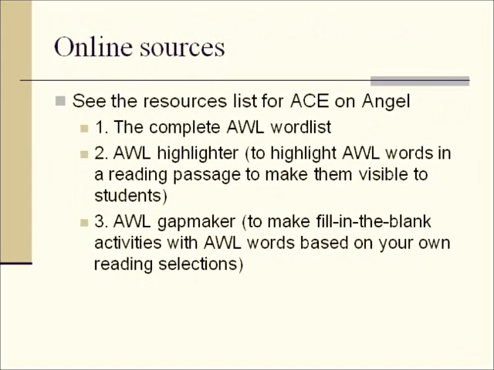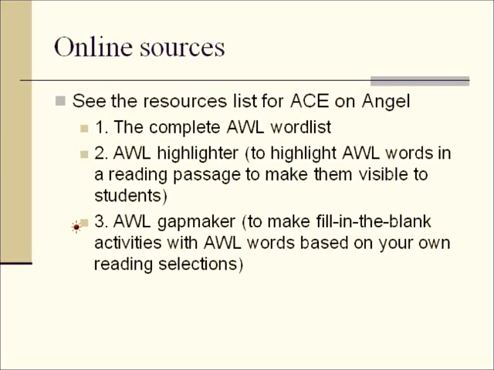Now, there are also some online resources, and these are listed in the ACE materials on Angel. There's a complete set of the academic word list divided by word families. There's an academic word list highlighter, which is really neat. You can take a reading passage that you want to use with your students and put it into this online program, and it'll highlight the academic word list words in the reading passage to make them visible to you and the students.